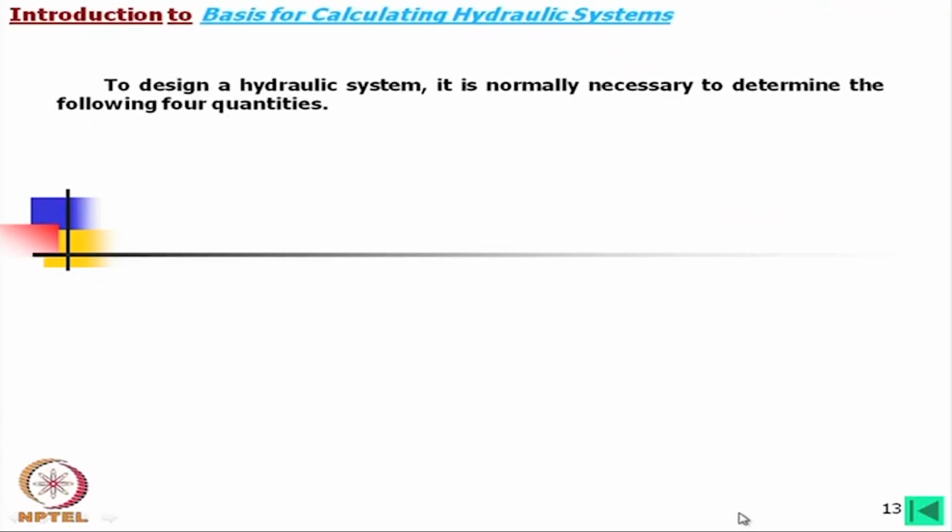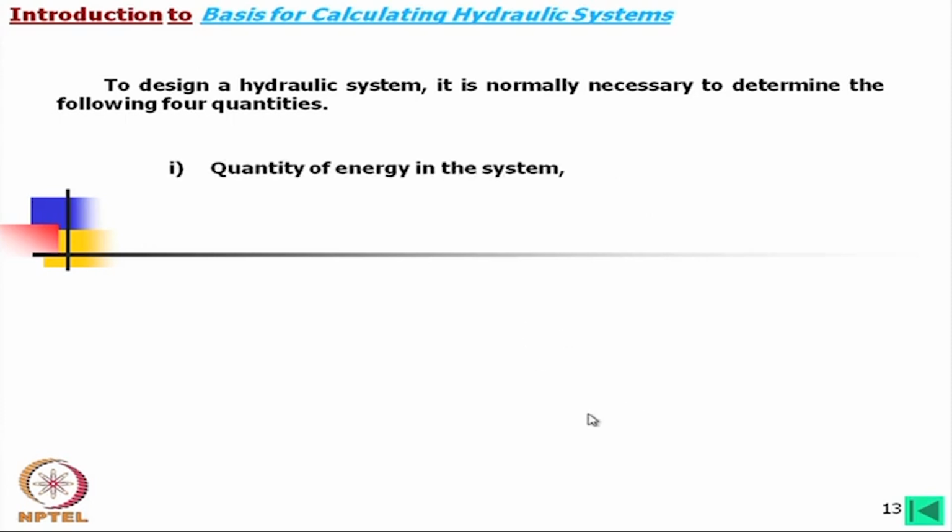Now, we shall go into some basic calculations, which, looking at the time, perhaps we will not be able to cover much, but I will give you some idea, and possibly the rest we shall discuss in the next lecture. Now, to design a hydraulic system, it is normally necessary to determine the following 4 quantities.